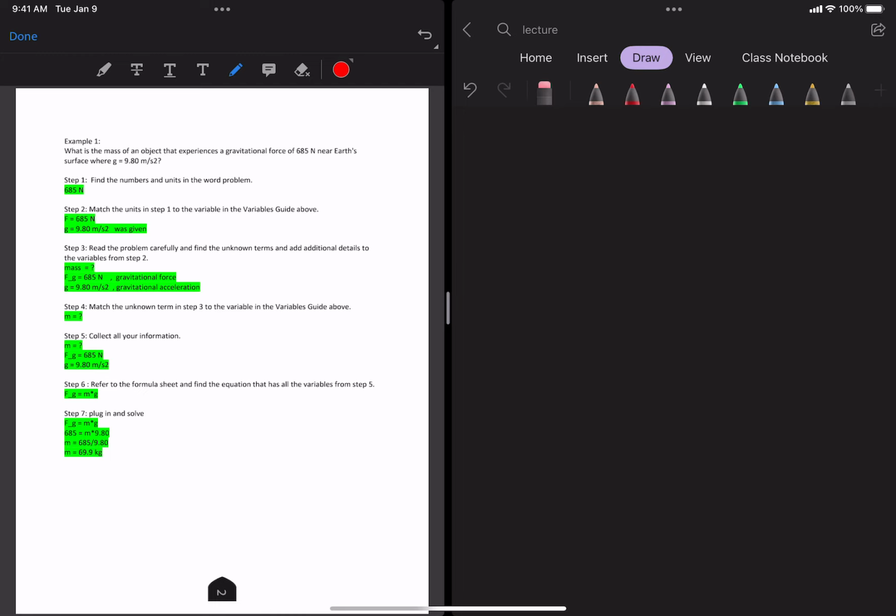So step one is to just scan the word problem for numbers and units. The number and unit that I see here is 685 N. So that's step one. Step two, once you've found the number and units, go back into the variable guide and find the corresponding symbol.